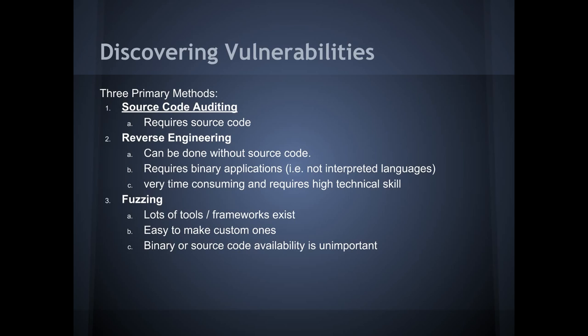Now, symbols are things like variable names, function names, things that make code readable. Obviously, you're going to be missing all comments. And the variables you're going to be getting are like var1, var2, var3, var4, and function1, function2, function3, function4. It's not going to be usable, but you'll at least be able to see what the code is trying to do.